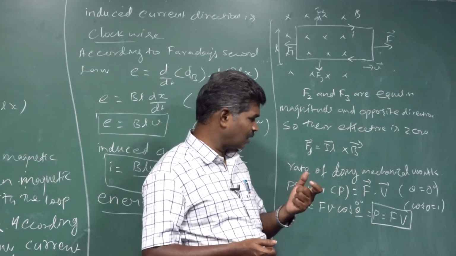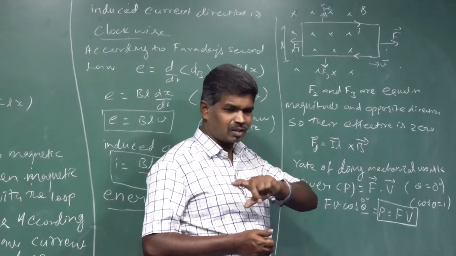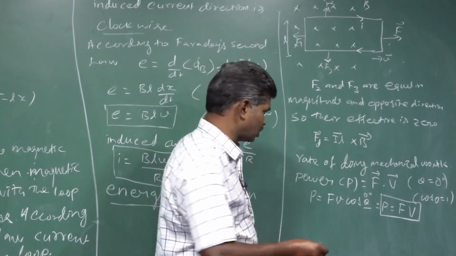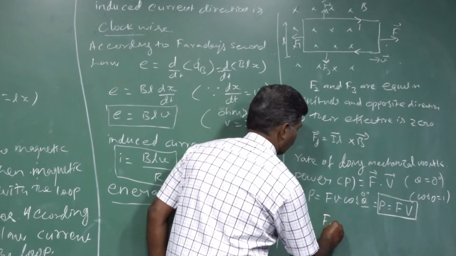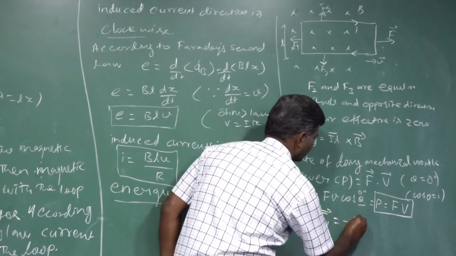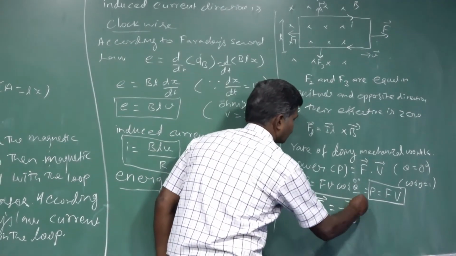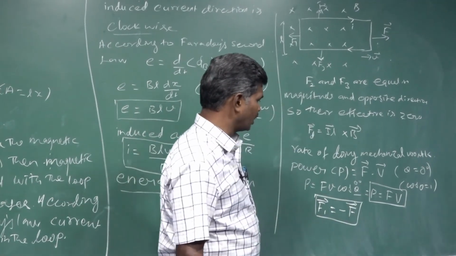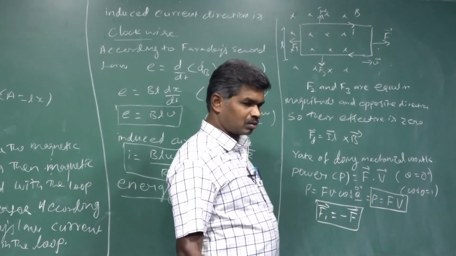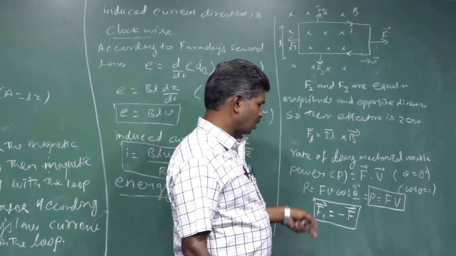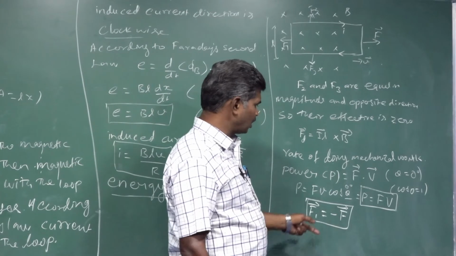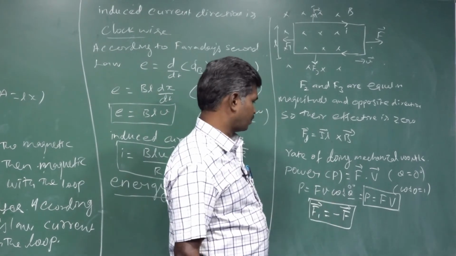So we can relate them as F1 vector equal to minus F vector. F is the applied force and F1 is the magnetic force. The two vectors are equal in magnitude and act in opposite directions.